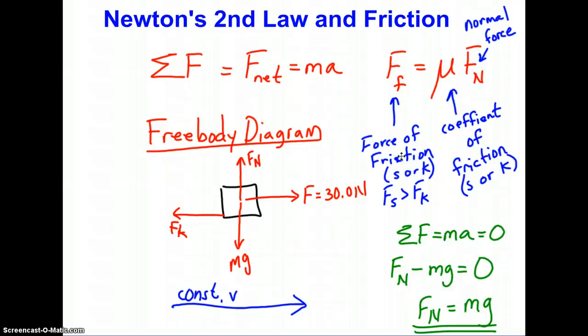We use the symbol F subscript f for force of friction. But in reality, we'll always be dealing with two types of friction. There'll either be static friction, the friction that acts on an object when it's at rest, or kinetic friction, the friction that acts on a body when it's moving. Because of that, this f will be replaced by either an s or a k, depending on the situation. The other thing to note, which is pretty common knowledge, is that static friction is always greater than kinetic friction.